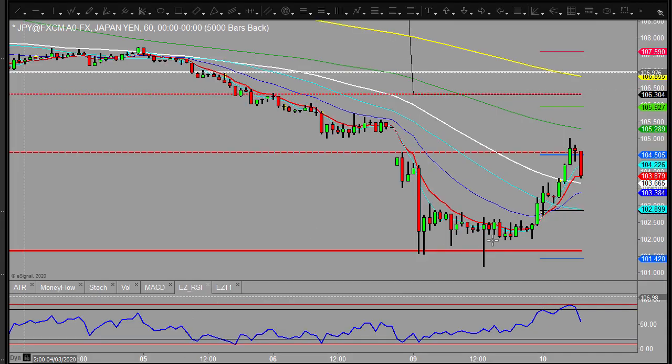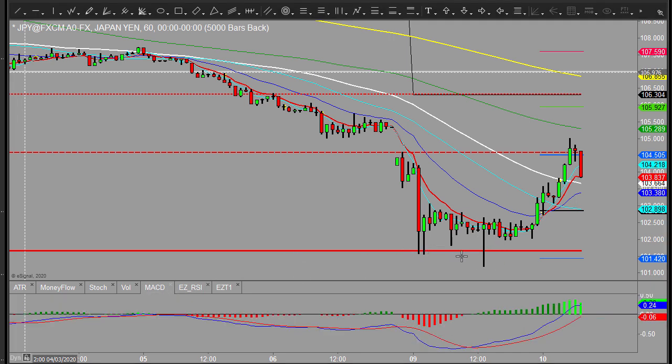Again, odd price action through this market. There were divergences at the lows there, certainly on the MACD, looking maybe that it's starting a roll back down this morning.